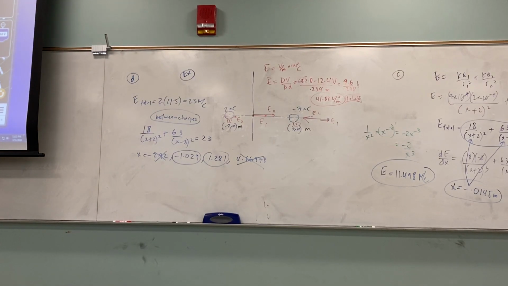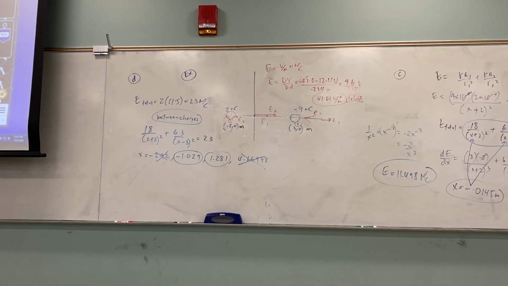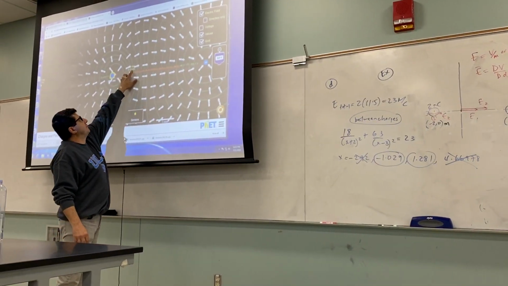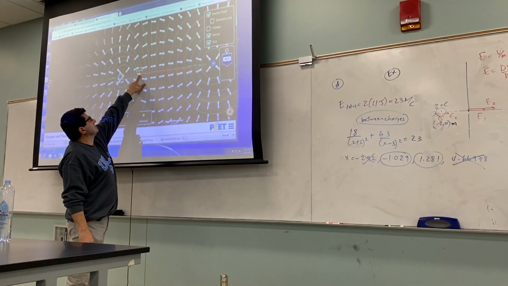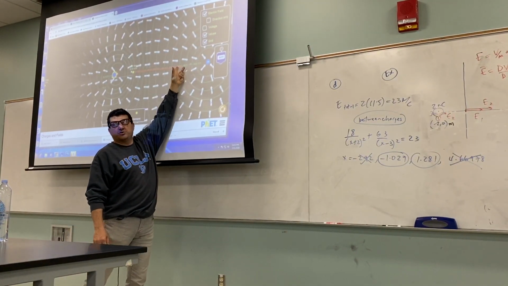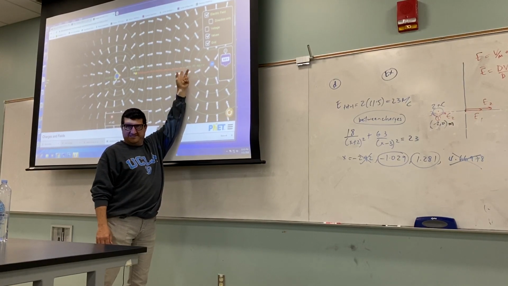So if I take my sensor there, it should be about 23. Yep, right there, 23.0 volts per meter. And if I go down the other side, there should be another one where it's 23.